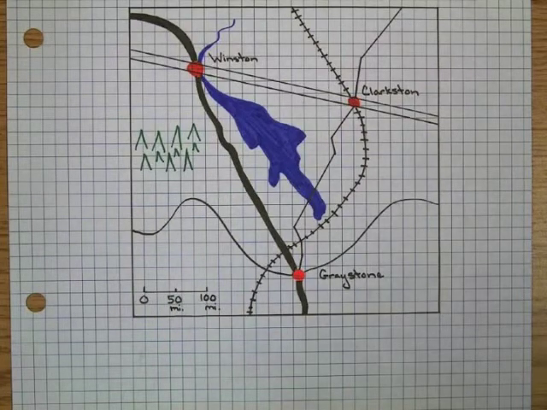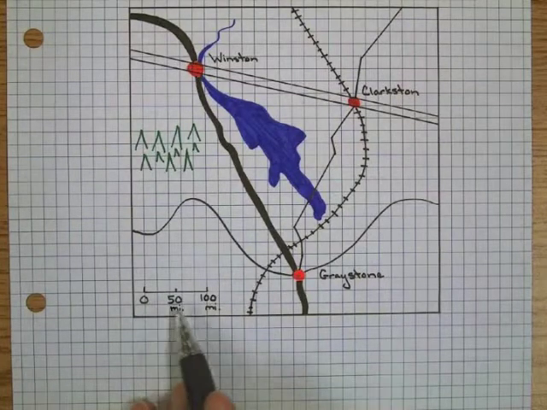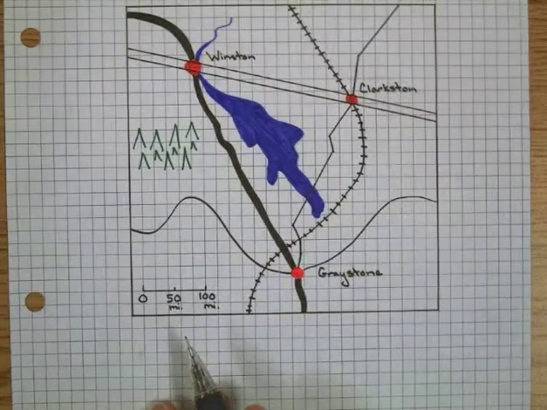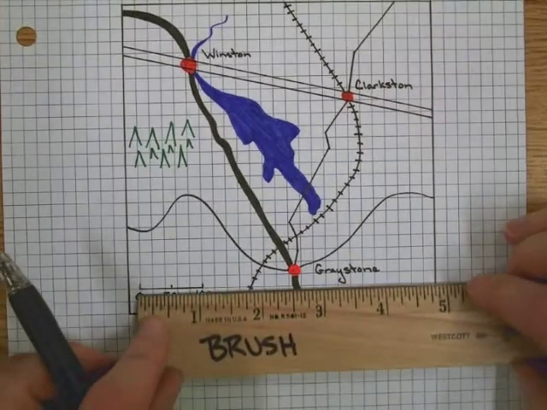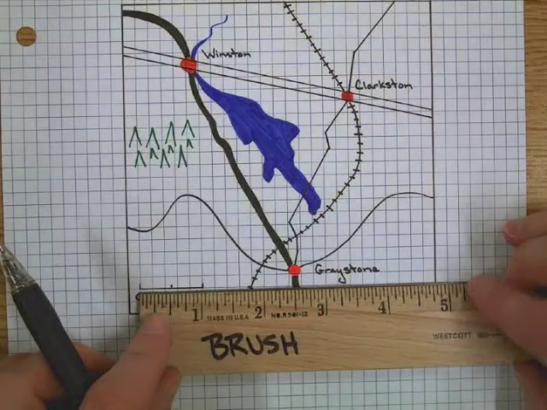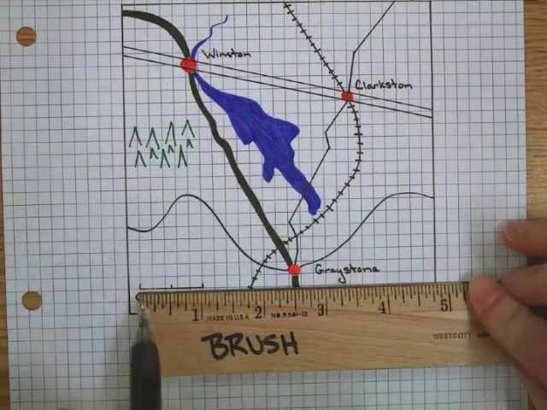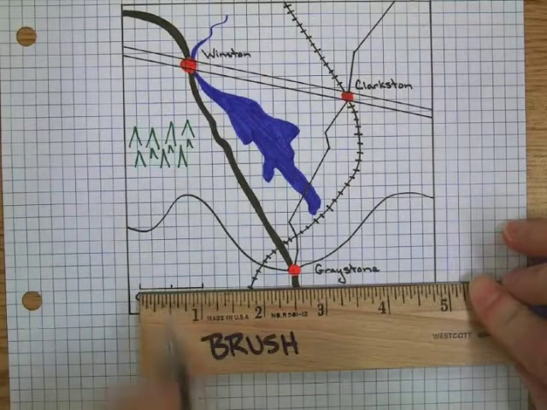And the key thing you want to look for on a scale map is, well, the scale, which is located right down here in this particular map. And if I take a ruler and I actually measure out this scale, as you can see, the distance across here is 1 inch.